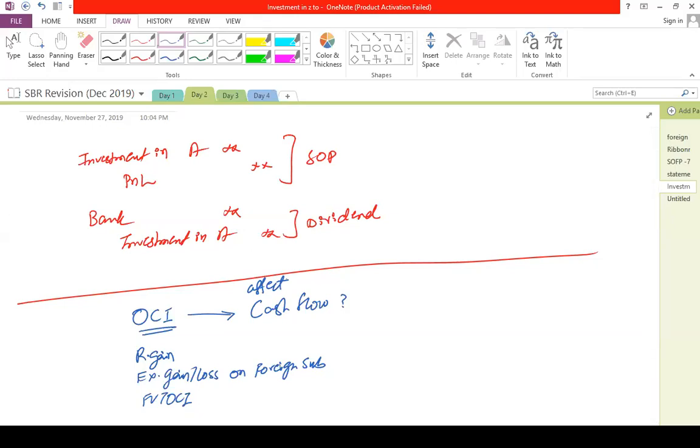The values recorded in the OCI. Will this have an impact on the cash flow statement or not?